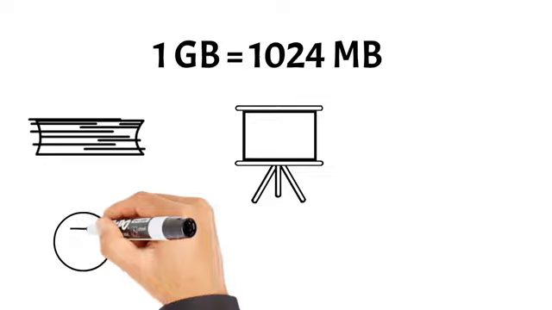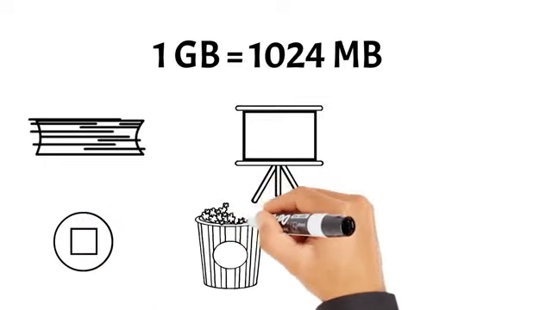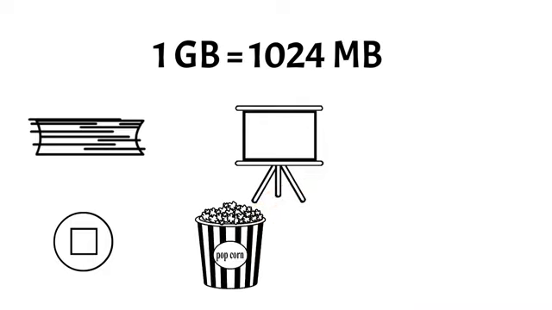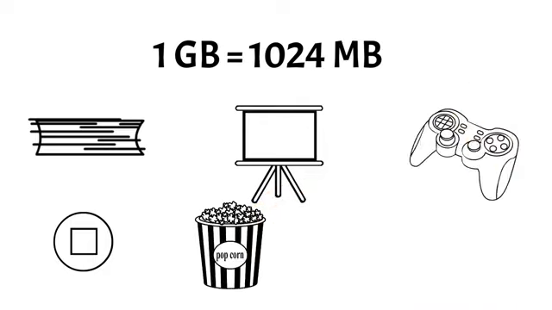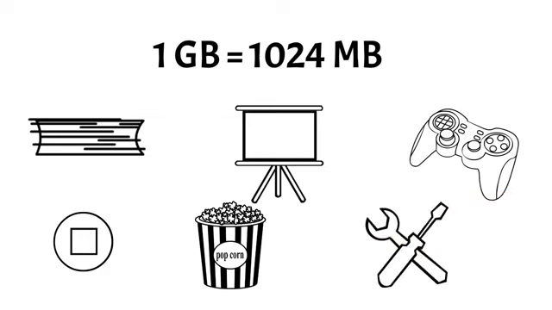Additionally, it can accommodate thousands of high-resolution images, hours of audio recordings, or even several movies. Furthermore, a gigabyte provides enough space to install numerous software applications, including games, productivity tools, and multimedia editing software. As a result, gigabytes are commonly used in modern computing devices and storage solutions, reflecting the increasing demand for larger storage capacities in our digital world.